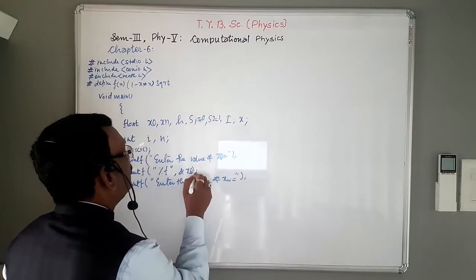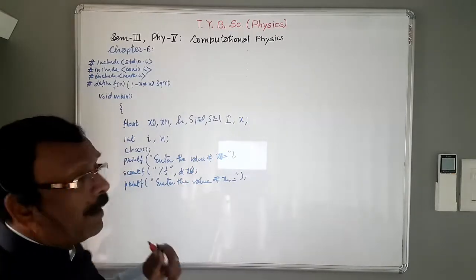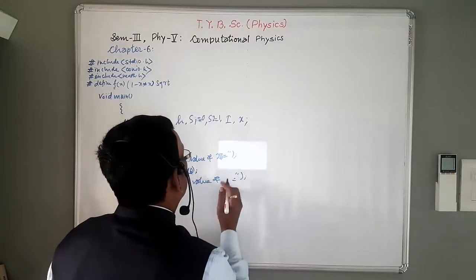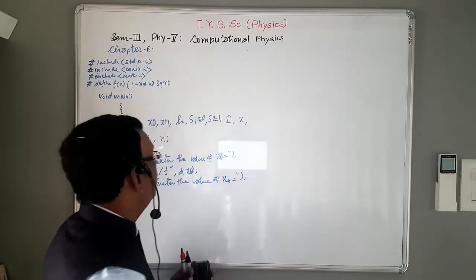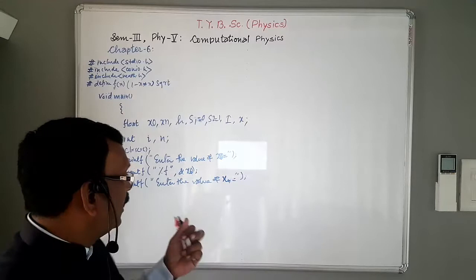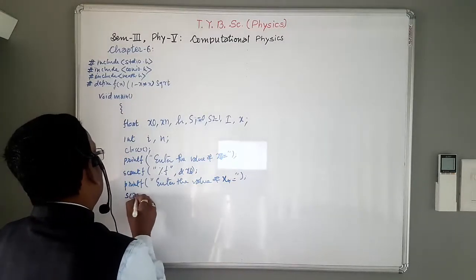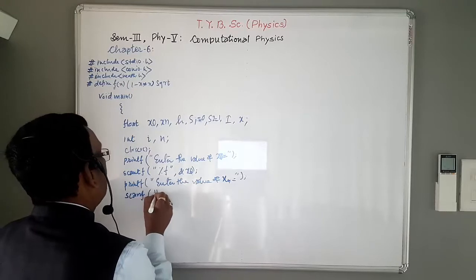Then we enter the upper limit, which is xn, and that xn is provided to the computer by using this printf function. After that, the value is read by the scanf function.